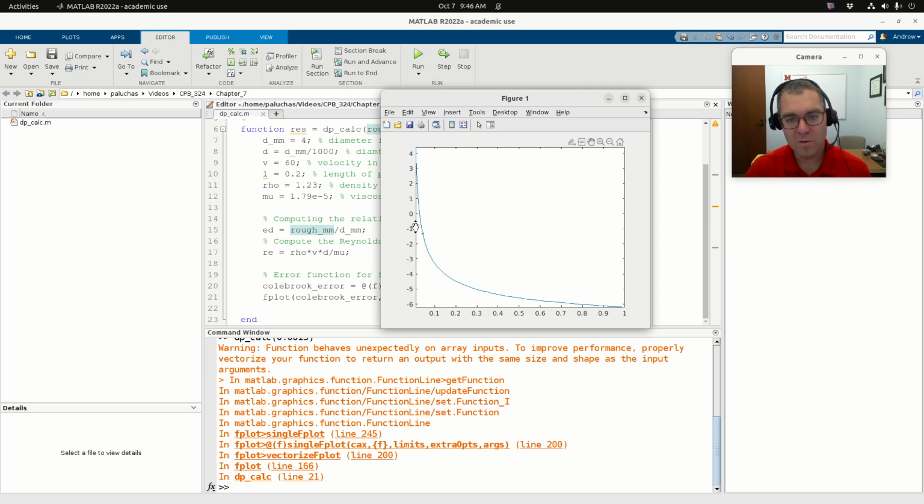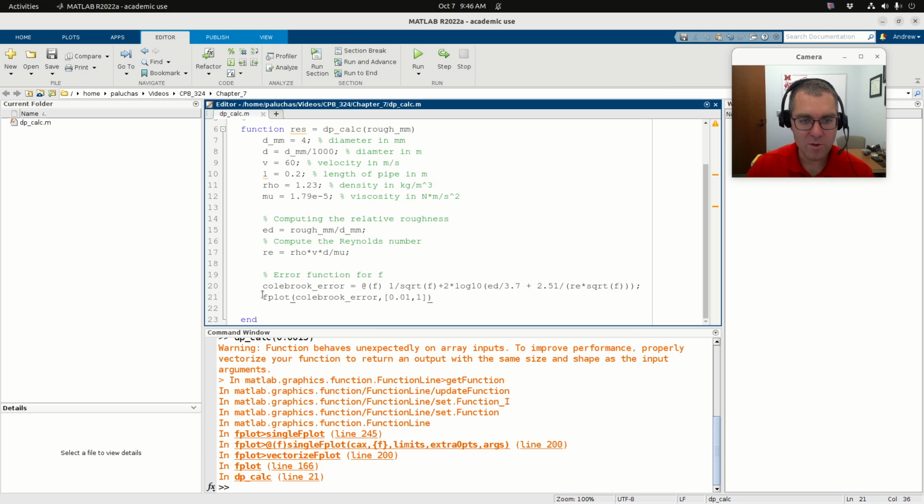So instead of giving a range, which I said we should always give if possible, I'm actually just going to give an initial guess of 0.1. This way, in general, if I have a relative roughness that's too small or too high, outside that range, if I give it a decent initial guess, it should hopefully still be able to find brackets which it can use to solve.